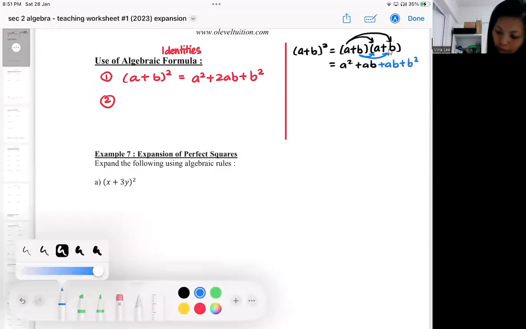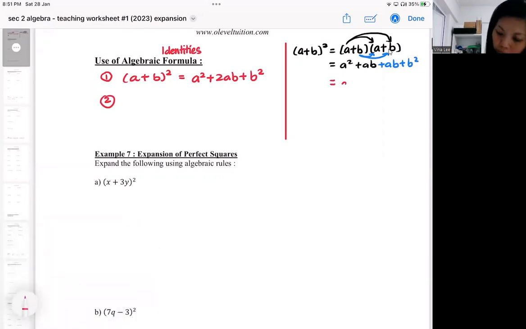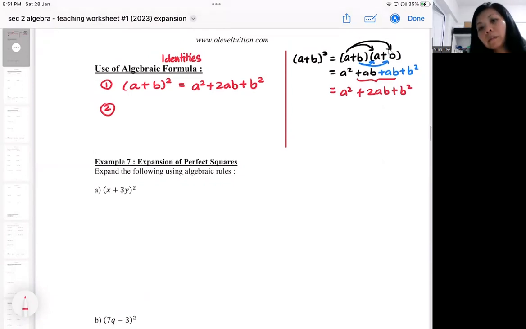When you do the arrows, you realize that these two are the same family. So that's how we achieve the formula. The formula actually comes from the idea of the arrow.